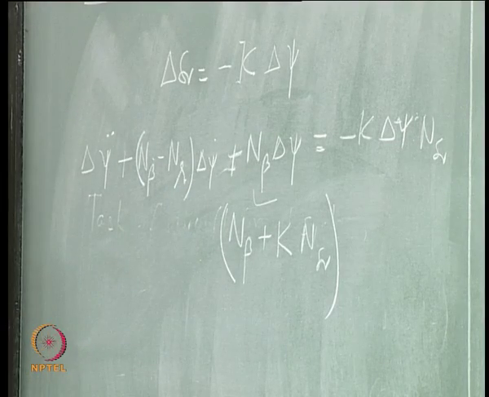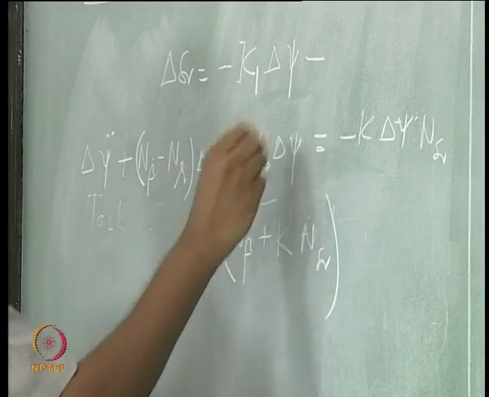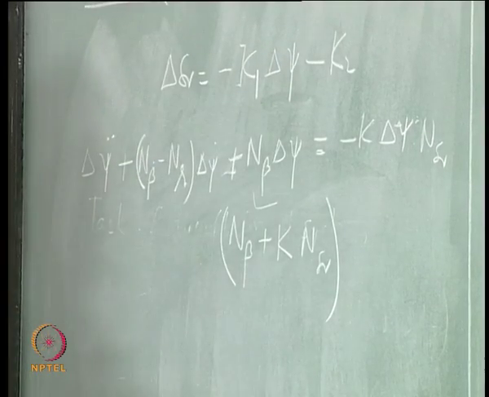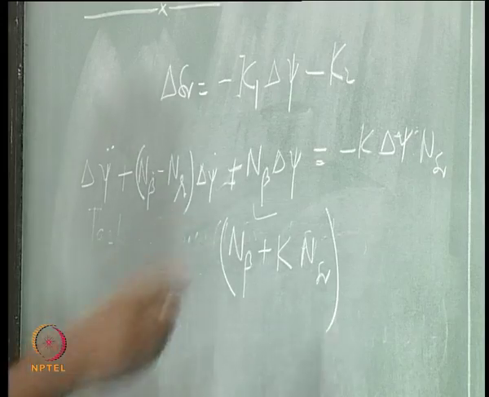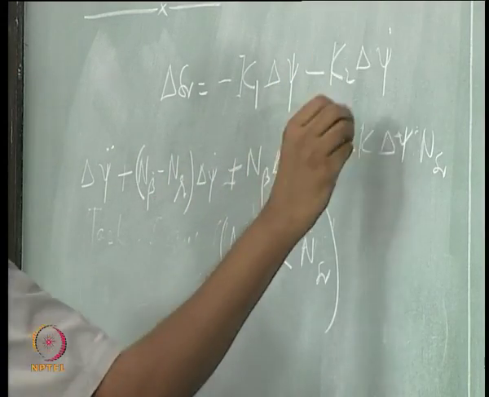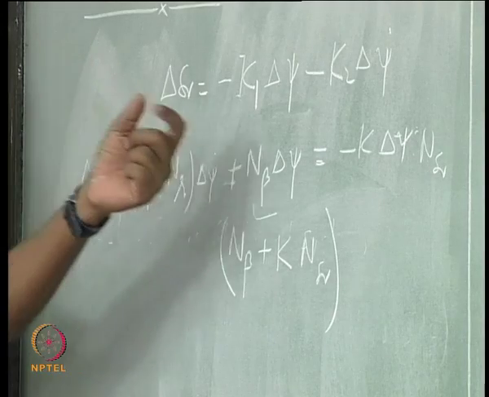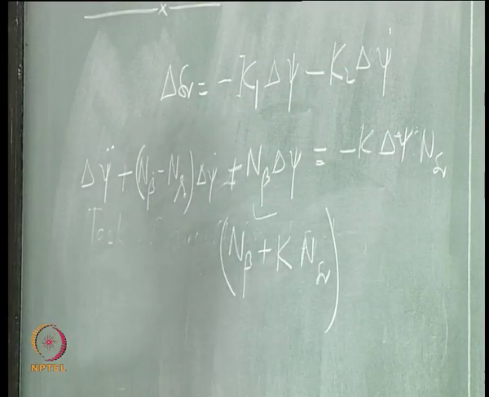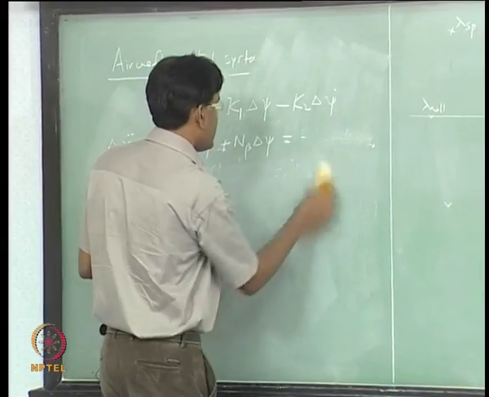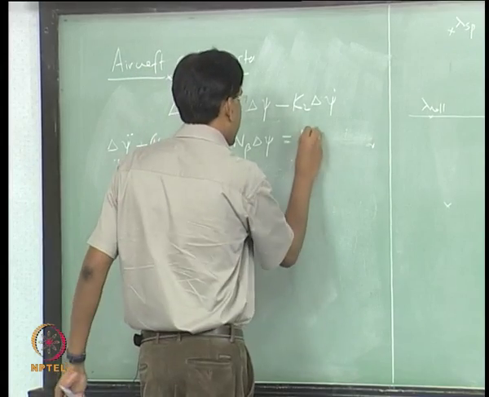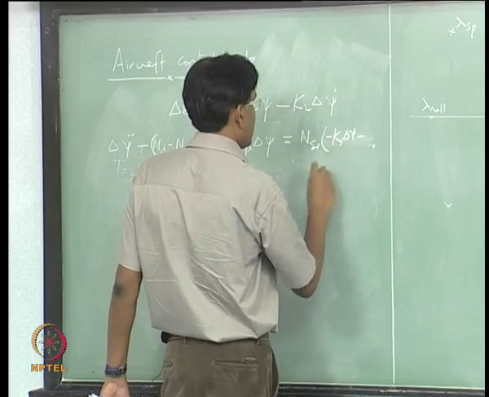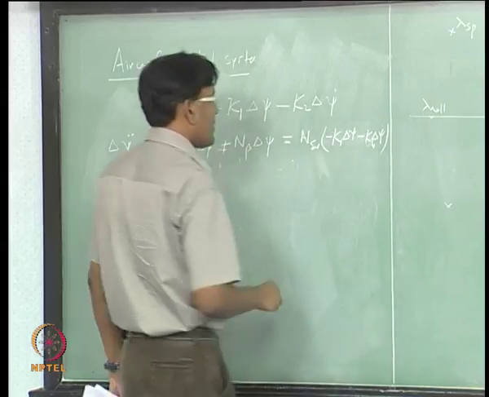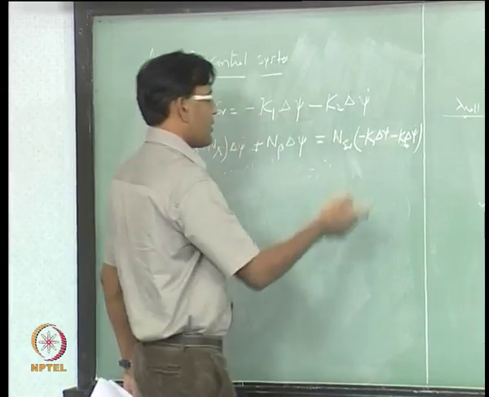So, it's only going to change the natural frequency of the response. In case we also want to change the damping ratio, what we can do through this feedback mechanism is, if we not only read the change in the yaw angle from the reference condition, but also modify delta r based on the rates, then we can achieve a change in not only the frequency characteristics, but also the damping characteristic.